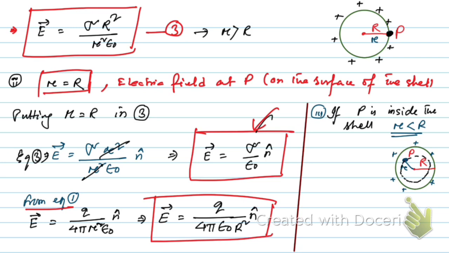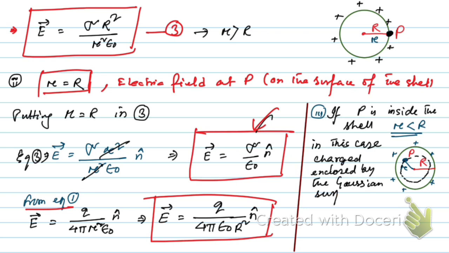So now you see, in this case the charge enclosed by the Gaussian surface is 0.